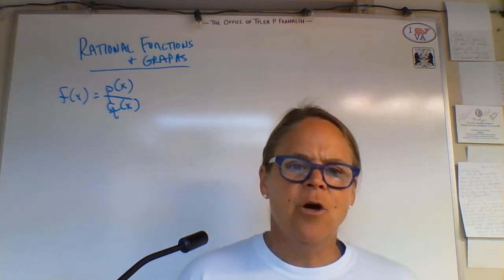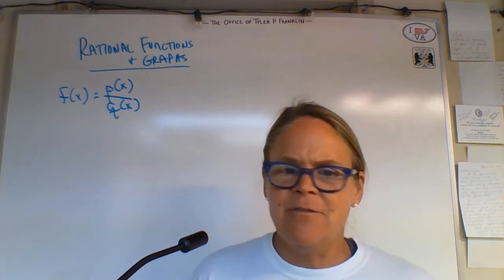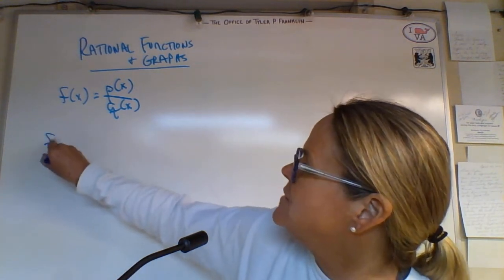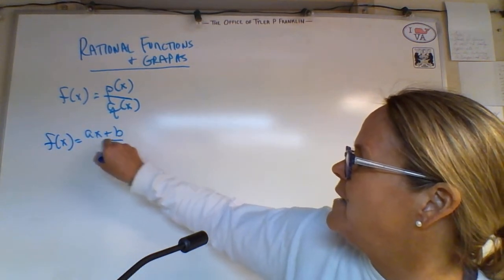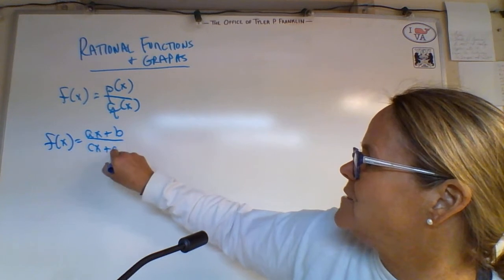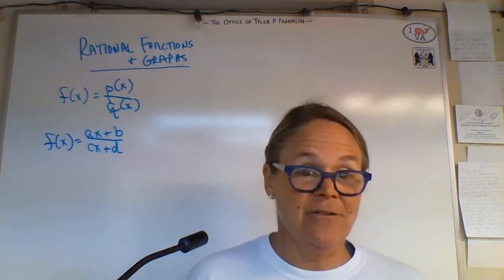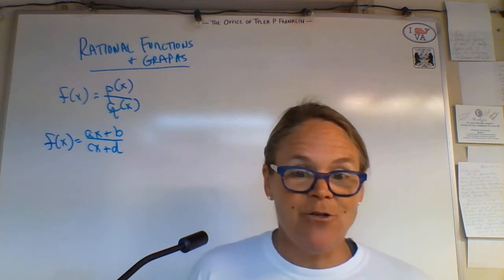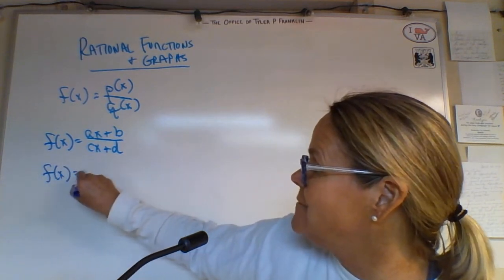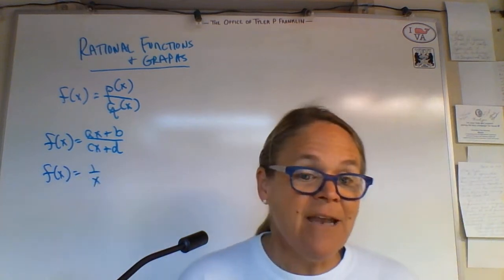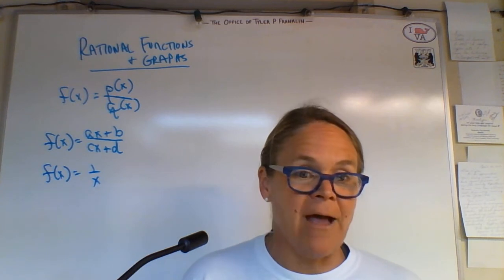Now, the notes that I've attached to you say the simplest is ax plus b over cx plus d. And that is the simplest because they're linear. But if I was doing this in class, and again, you'll see it next year, the simplest rational function is 1 over x.